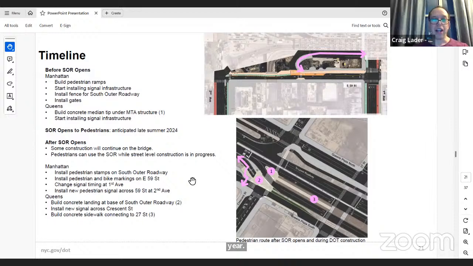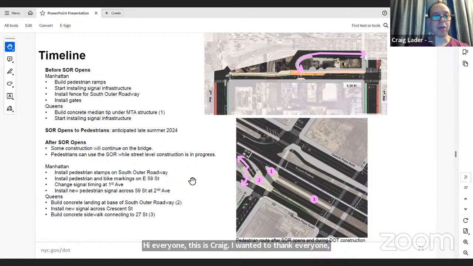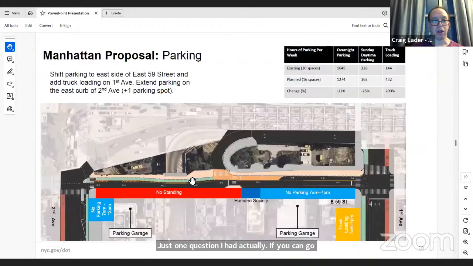Hello, everyone. This is Craig. I want to thank everyone for the presentation as well. I think this has been a long time coming, and we are all clearly very enthusiastic and excited that this is going to come to fruition. Just one question I had actually. If you can go back to the proposed mid-block crosswalk over there.